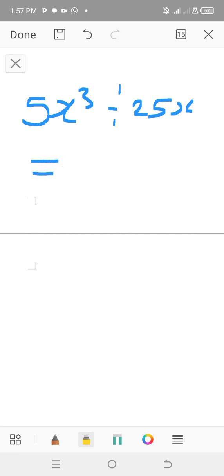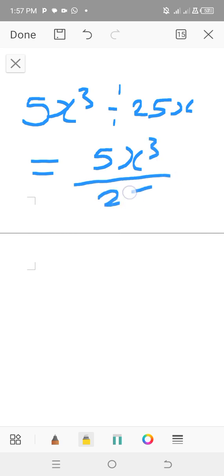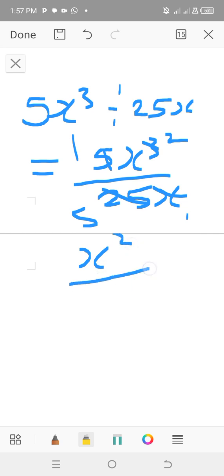So this gives us 5x cubed over 25x. So 5 here 1, 5 here 5, then x here, one of the x here will cancel to remain 2. So you are left with x squared all over 5, and that is the final answer.